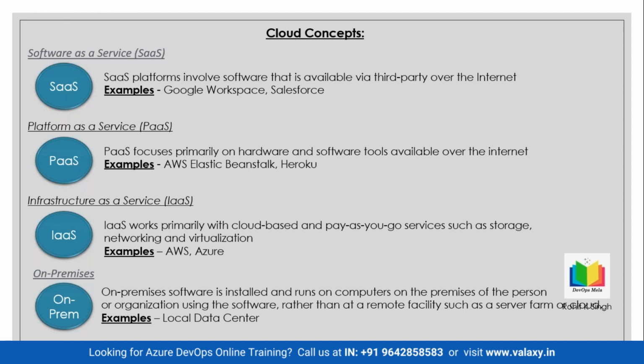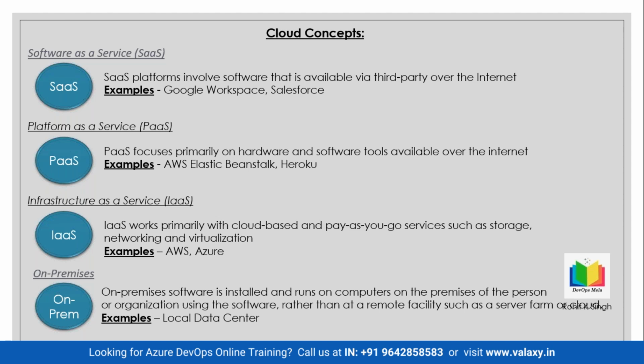A very good example is Heroku, AWS Elastic Beanstalk, and Azure App Services. So you have your platform ready, you have everything. You simply go and buy those services from the cloud, and you just go and install your application on top of it.